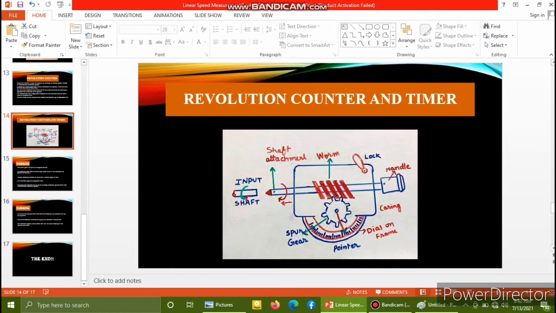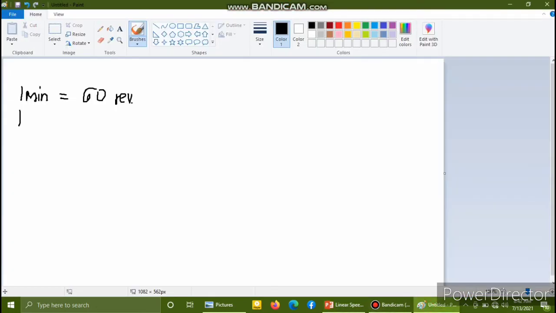The pointer starts moving in the dial on frame, and in 1 minute they have 59 revolutions. So in another 1 minute they have 59 revolutions.